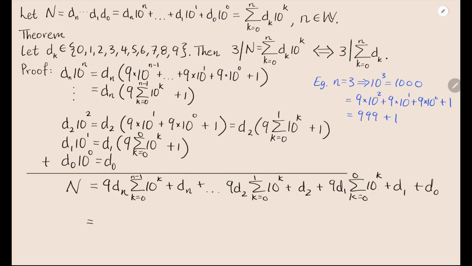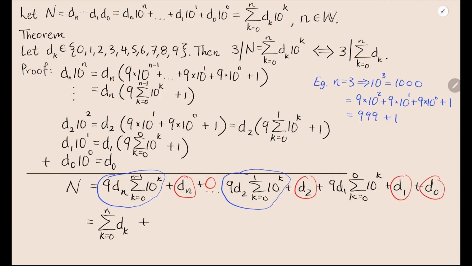Now if I group up just the digits, the lonely digits, I'll have dn, dn minus 1, d3s, d2s, d1s, d0s. Those digits I can combine to be the sum from k equals 0 to n of dk. Those are just the sum of all the digits, right? dn plus dn minus 1 plus dot dot dot d1 plus d0, and then I get these terms with the sigmas.